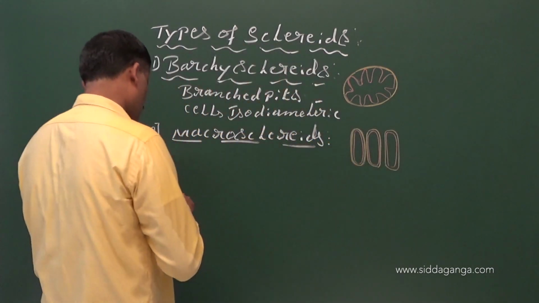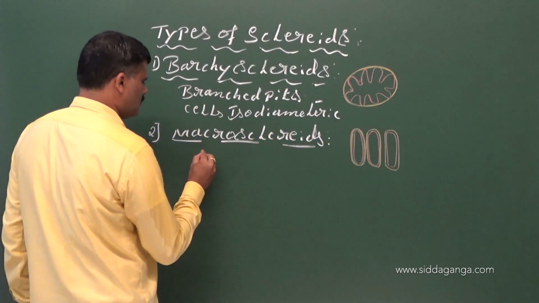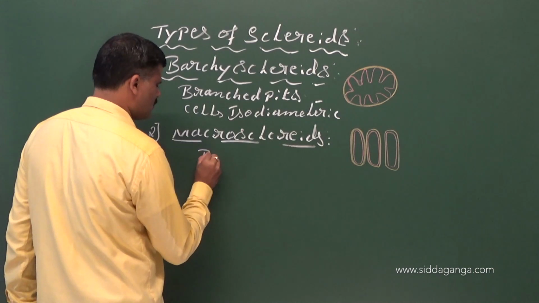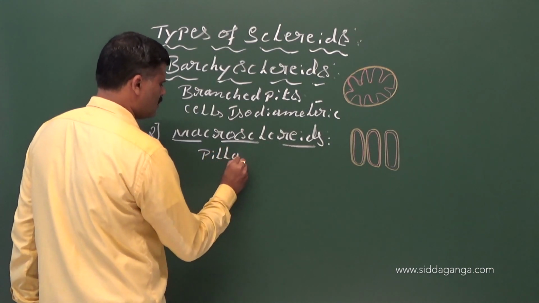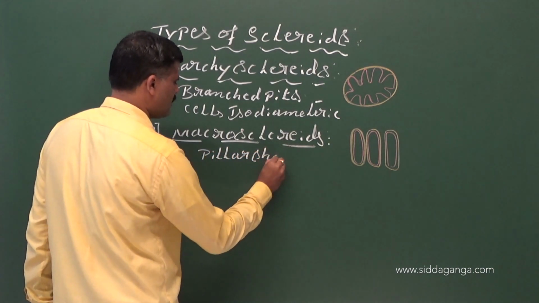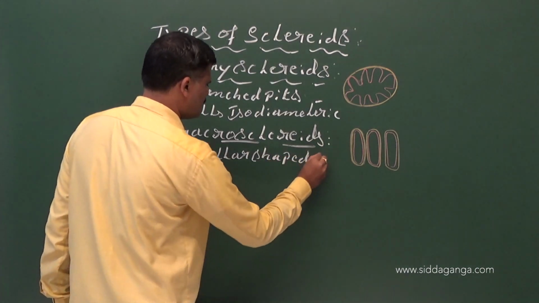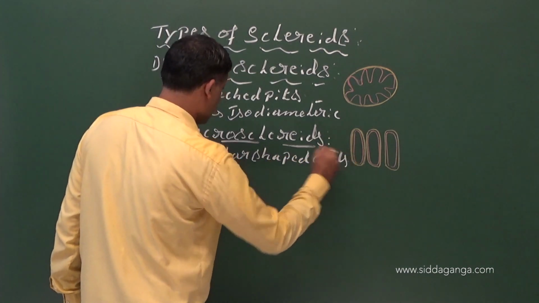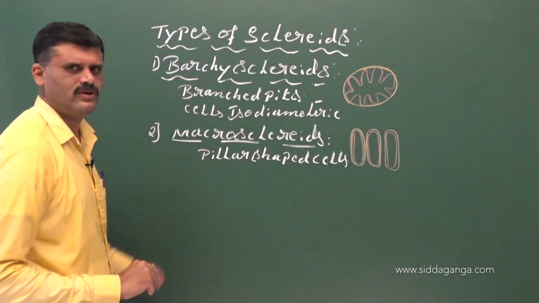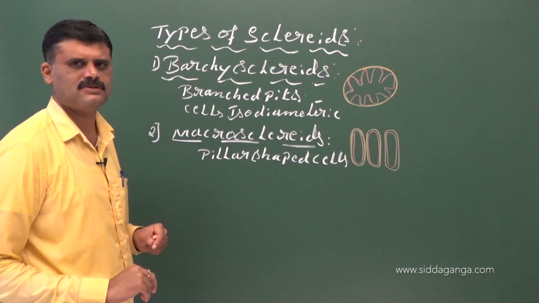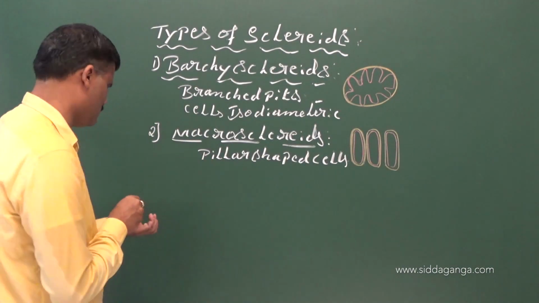So in Macrosclerites, the cells are pillar shaped and the lignin deposition is uniform.